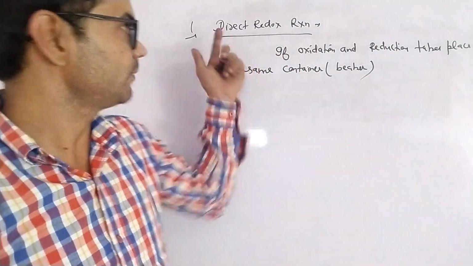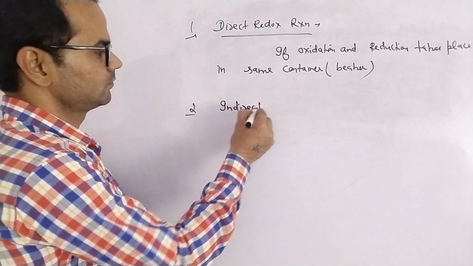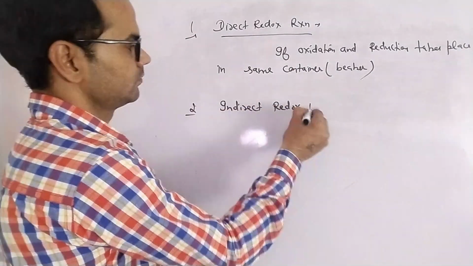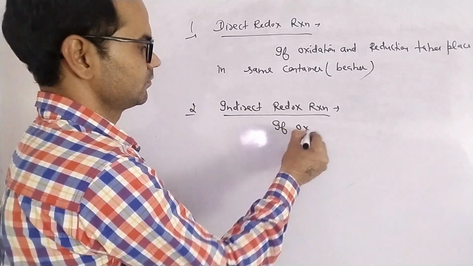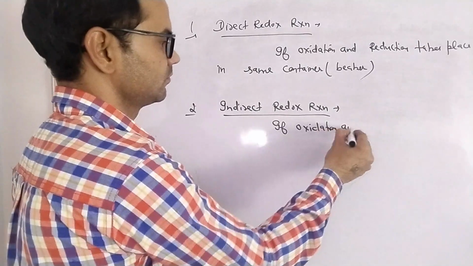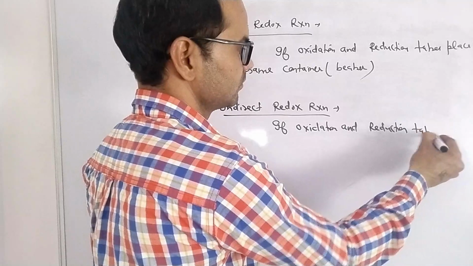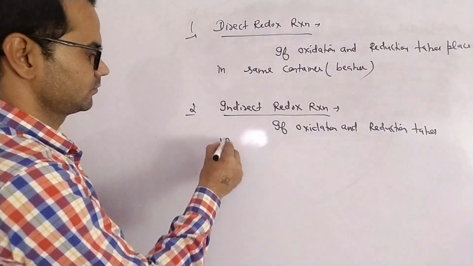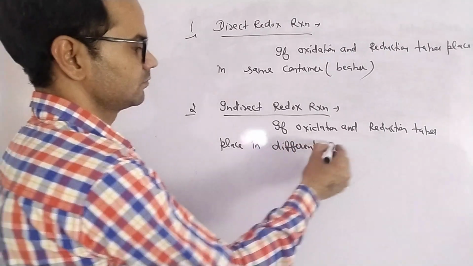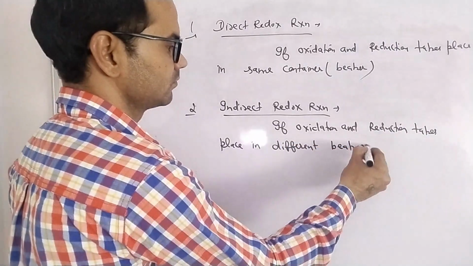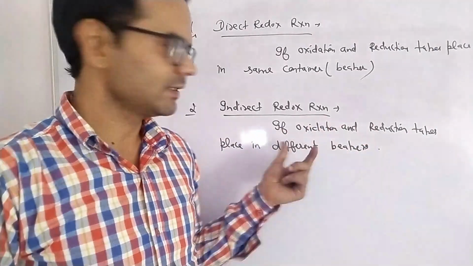But we have one more type of redox reaction, that is if oxidation and reduction takes place in different beakers.